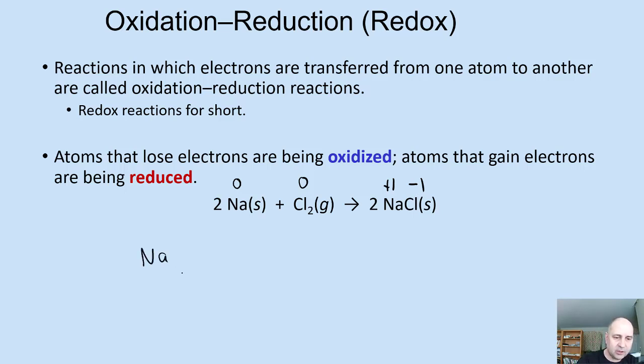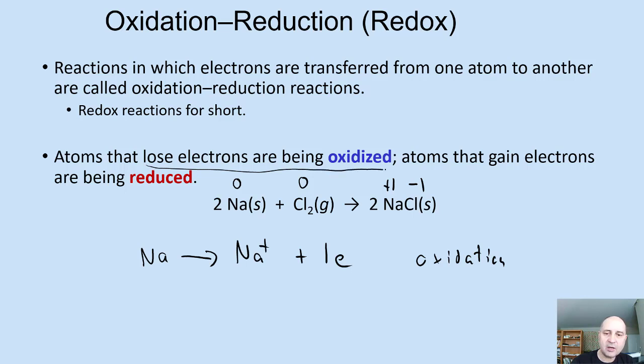We know that sodium will go to sodium plus and 1 electron. That is the oxidation. Oxidation, the loss of electrons, means the atoms are being oxidized. Chlorine gains electrons.